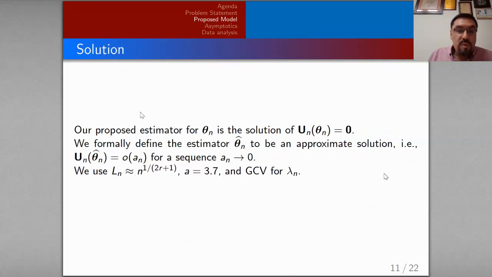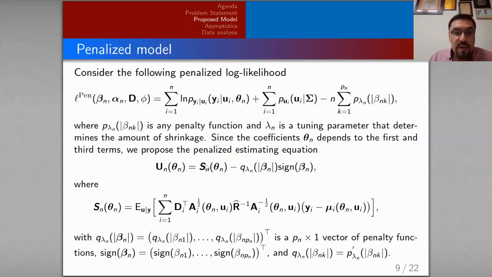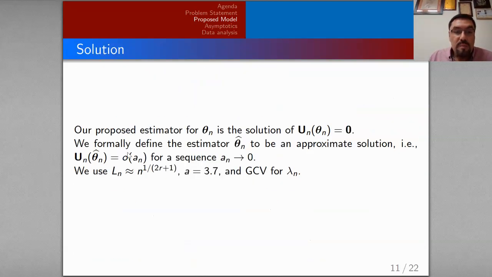Also, the proposed estimator for theta is the solution of U(theta) n equal to 0. This is the penalized estimating equation that we propose. But formally, because of discontinuity, we do a kind of approximation, and we consider the approximate solution in which U(theta hat) is of small order.